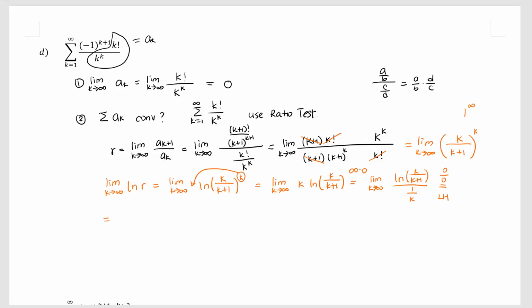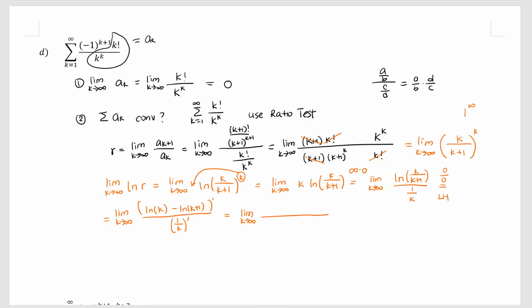L'Hopital's rule means taking the derivative of the top. But I don't want to do the quotient rule, so let me use the property of ln and write it as this. We're going to differentiate this, over the derivative of 1 over k.